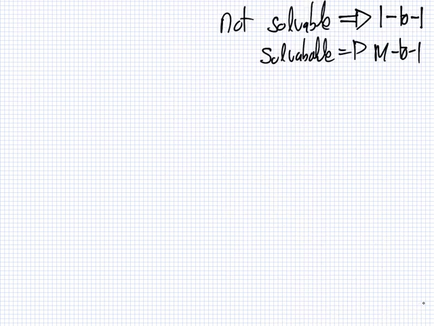Continuing. So let's take this function: x squared plus 2x plus 2. One-to-one or many-to-one?